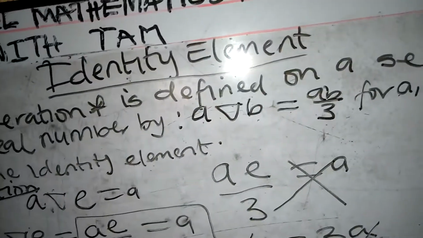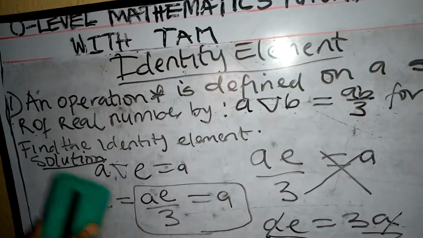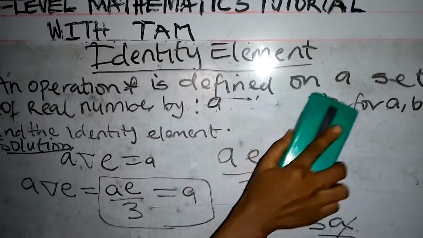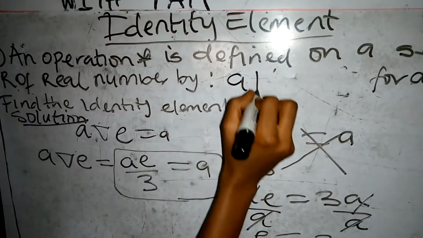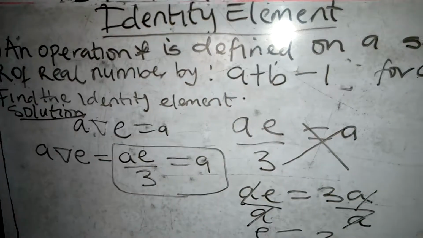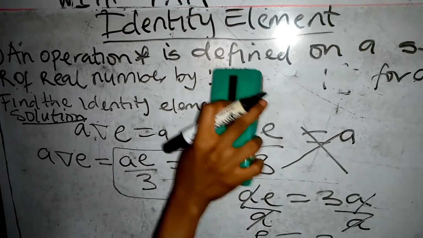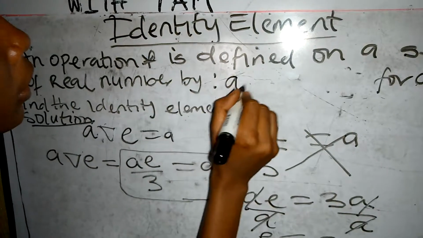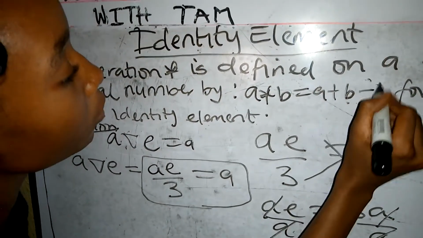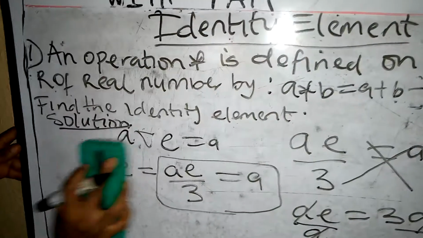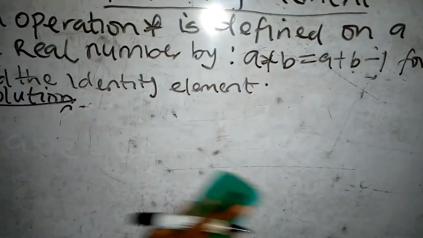Another example. If you are asked to find the identity element, the operation star is defined on a set of real numbers, and this is the operation given: A star B equals A plus B minus 1. To find the identity element, it's simple.